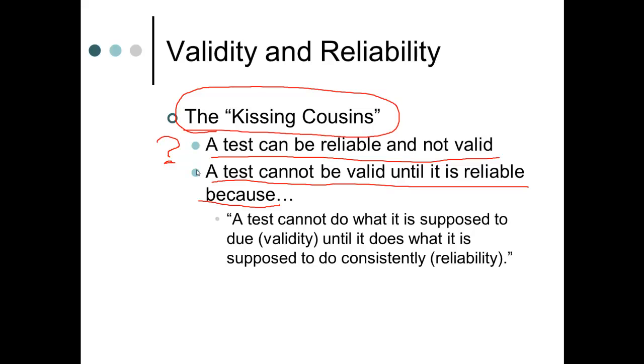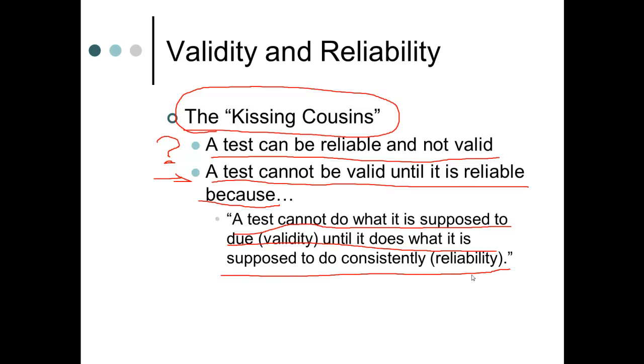Now, this point here, the second point, a test cannot be valid until it's reliable. Now, why in the world? A test cannot do what it's supposed to do, validity, until it does what it is supposed to do consistently.